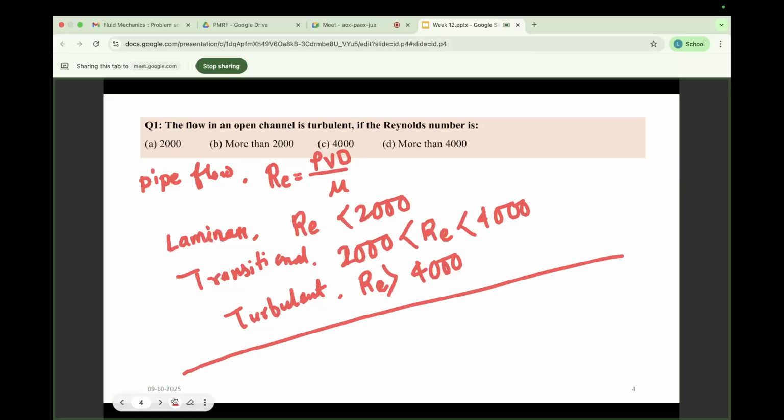Now if I talk about open channel flow, where one surface of the liquid is exposed to the atmosphere, the Reynolds number formula will be the same, it is universally the same.